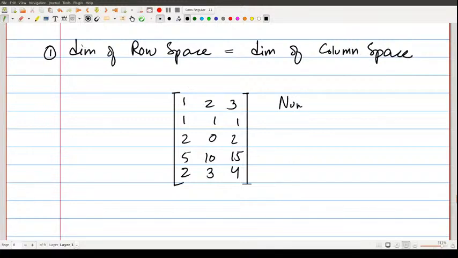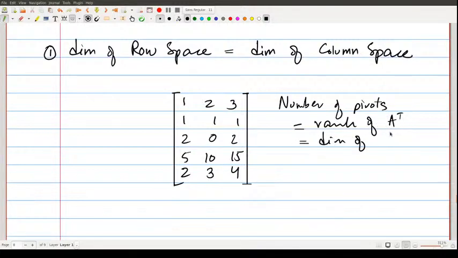Well, the number of pivots is going to be equal to the rank of A transpose, which is the same as the dimension of the column space of A transpose, which is the same as the dimension of the row space.